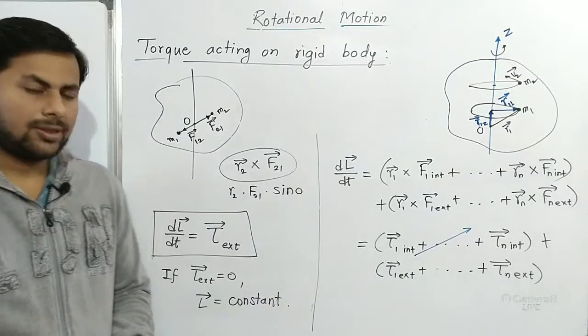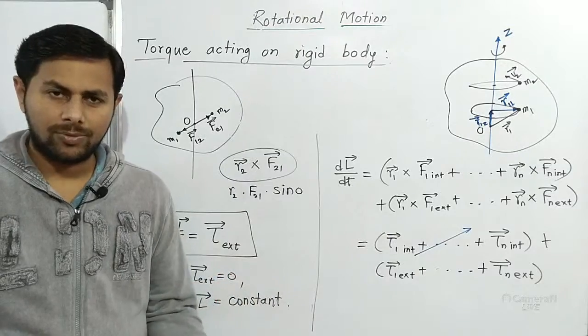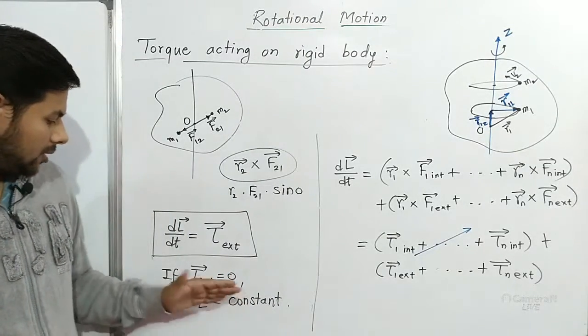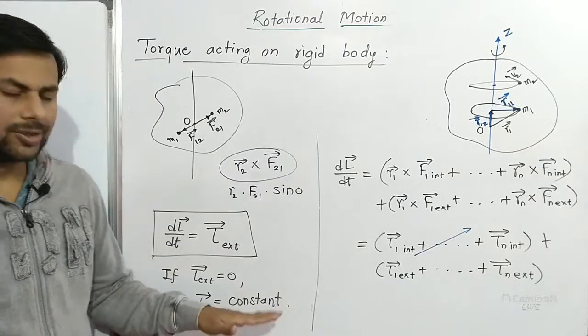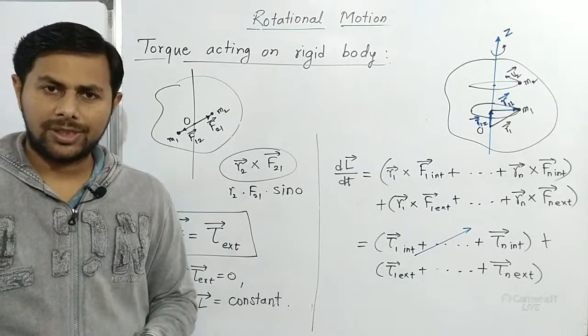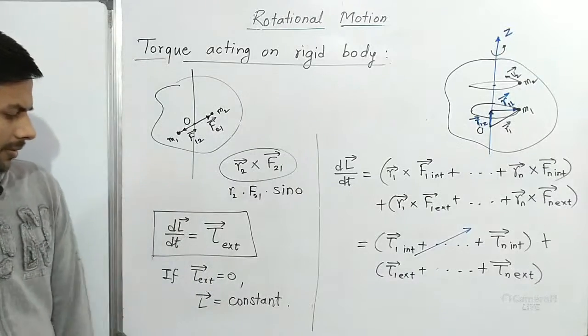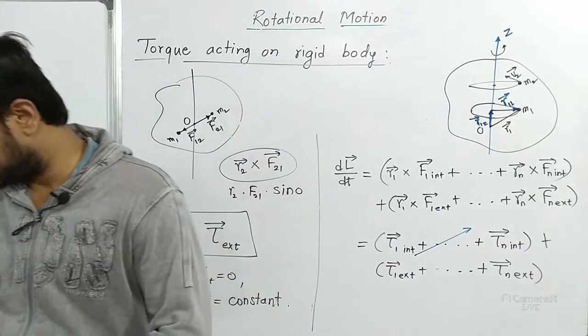So this is the law of conservation of angular momentum for a rigid body. The angular momentum of a rigid body remains conserved in absence of external torque acting on the body. All right, so hope you understood this.